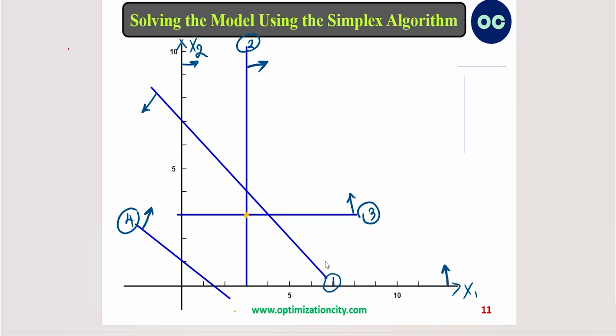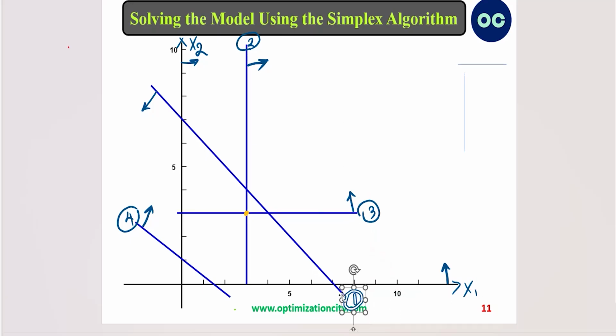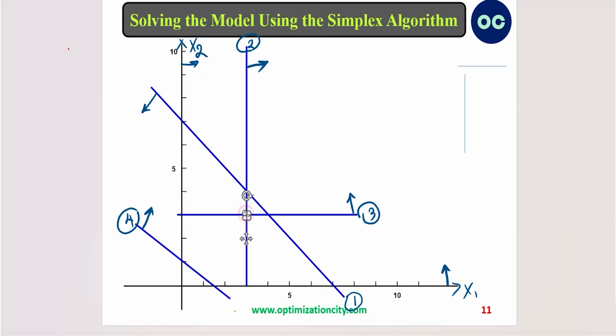Because the origin satisfies this constraint, the area below this line would be in the feasible region.